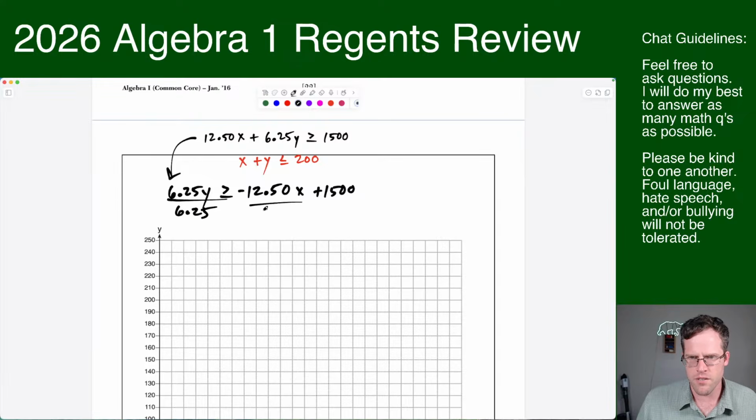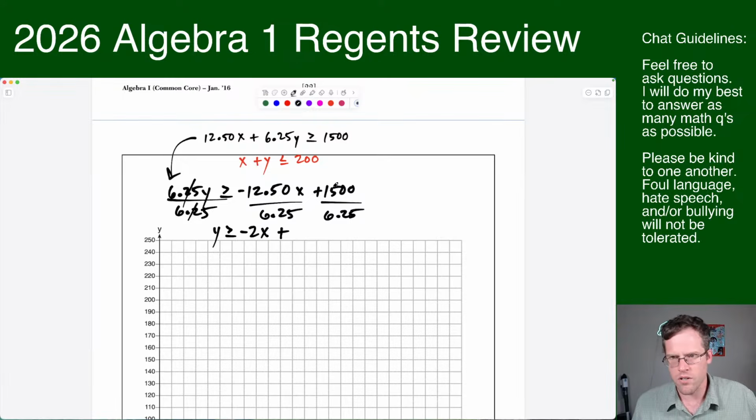Now, it doesn't seem like this is going to help, but I promise it will. These cancel, and I get y is greater than or equal to, negative 12.50 divided by this is negative 2. So I get negative 2x plus, and just type that in a calculator, 1,500 over 6.25 works out to 240.